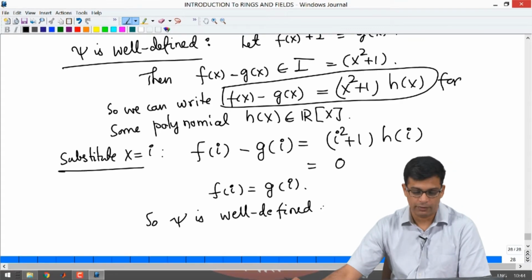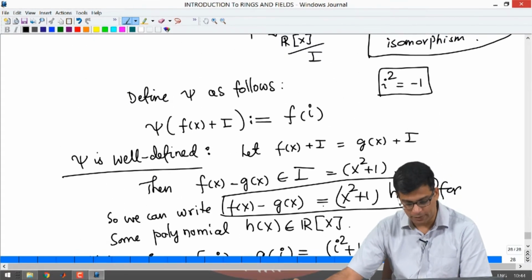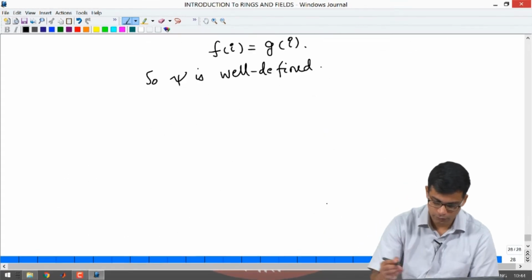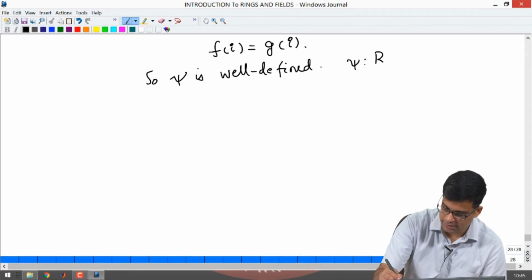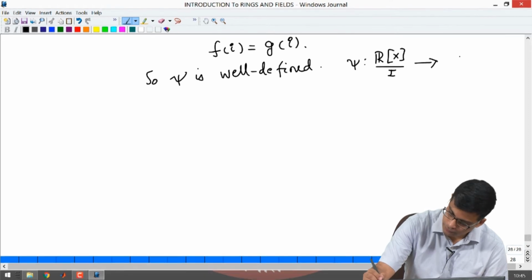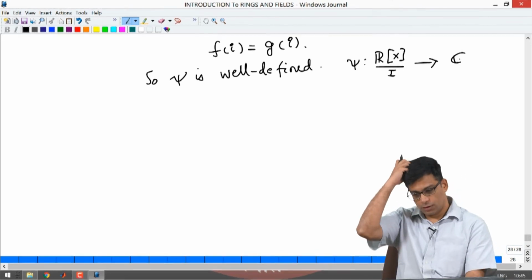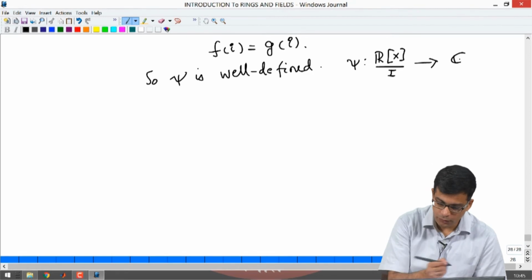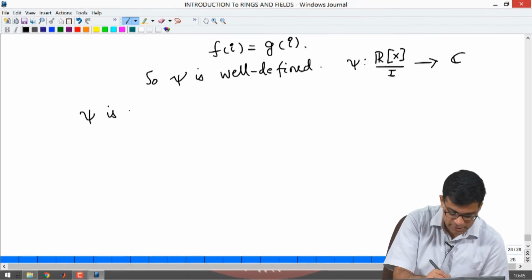So, we have a well defined map at least from R[x]/I to C. Okay. So, now the next step is to show psi is a ring homomorphism.